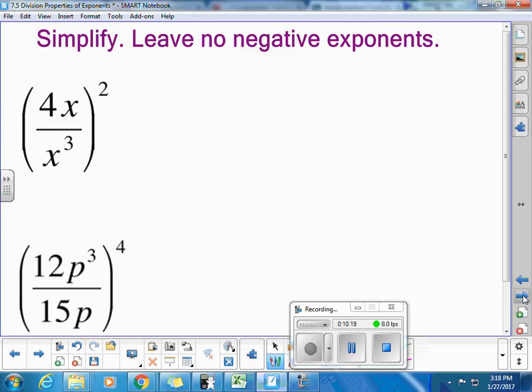And we have to distribute that not just to the numerator or the denominator, but to every single thing in it. So I'm going to do it to the 4 and to the x. So I have 4 to the second, x to the second. And then I also am going to do it down here. So I have over x to the third raised to the second, which is 4 to the second, 16.